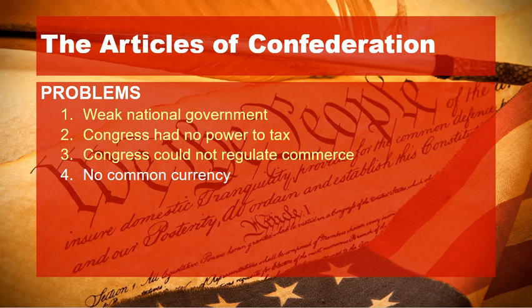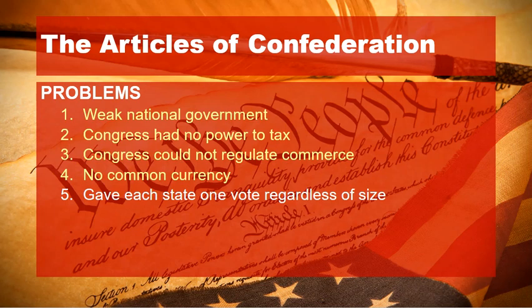So right now, under the Articles of Confederation, you can see that each state was effectively operating as its own separate government. And when it came to the national government, each state had one vote in the legislature, regardless of its size.